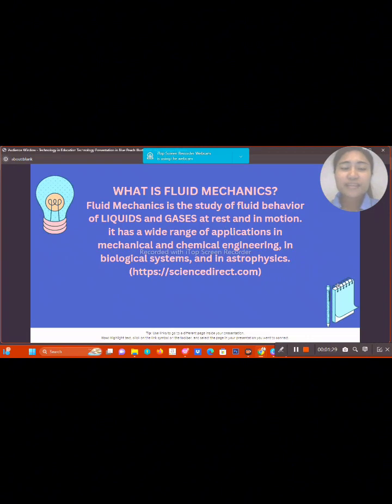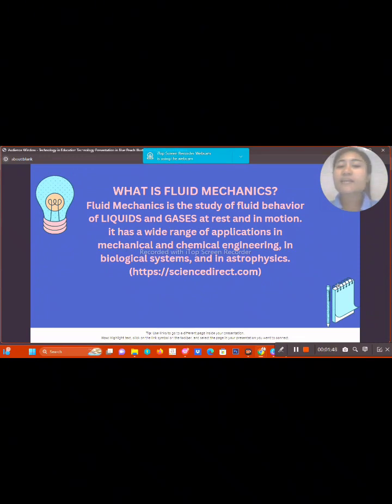But before that, let us first define fluid mechanics. As we all know, the word fluid does not only refer to liquids, but to both liquids and gases, both at rest and in motion.